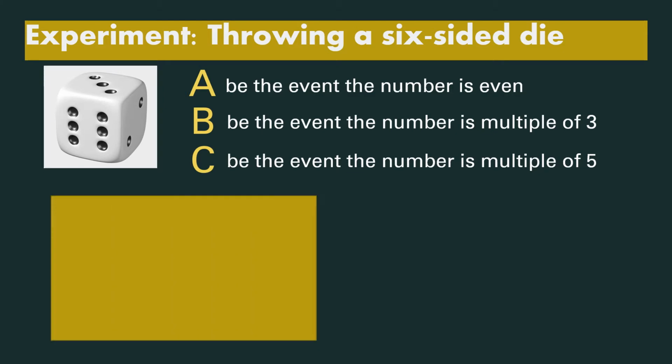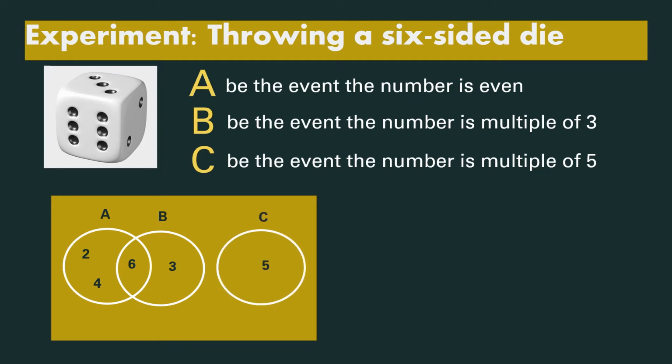Now, using the Venn diagram, A has the following elements: 2, 4, 6, while B has 3, 6. Set C has 5 as an element. And of course, 1 will not be included in any of the events, so we have to place 1 outside the circles.